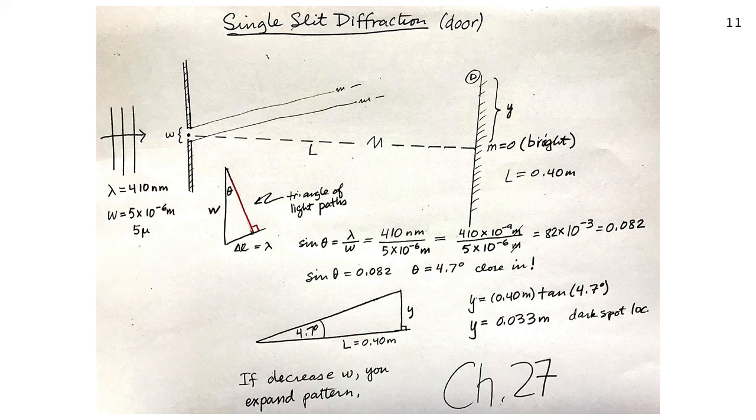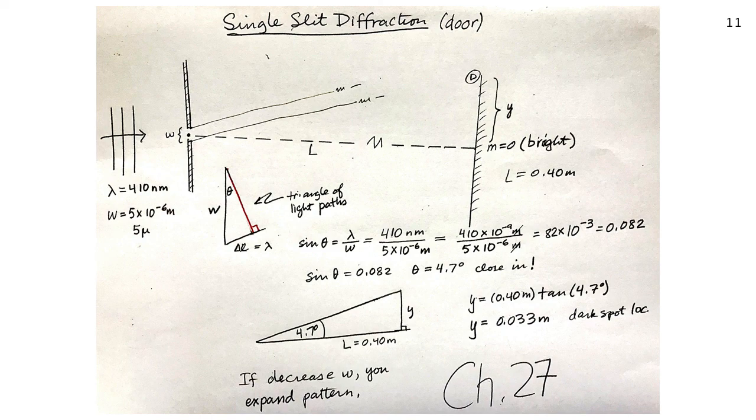And so theta, let's figure this out. The sine of theta is equal to 0.082. So what do you get for theta? It's going to be pretty small. 4.7? Anybody verify that?